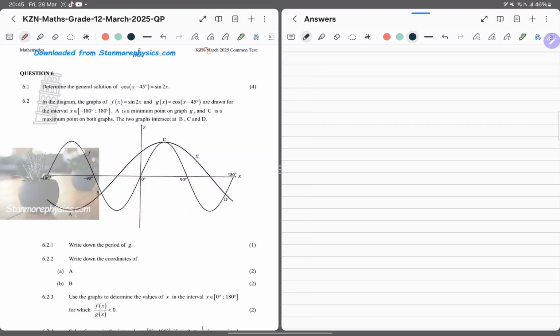It came out of the first term maths exam from KZN. Okay, so we will just go through it nicely. And just of note, as I skimmed, this diagram has been repeated from last year's term 1 exam.